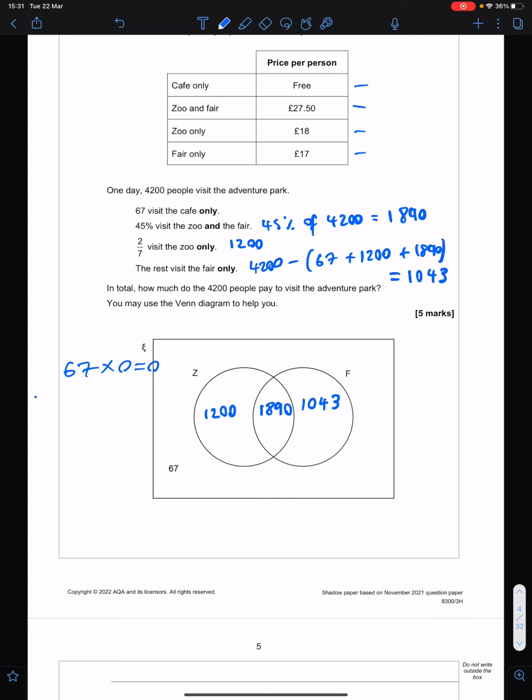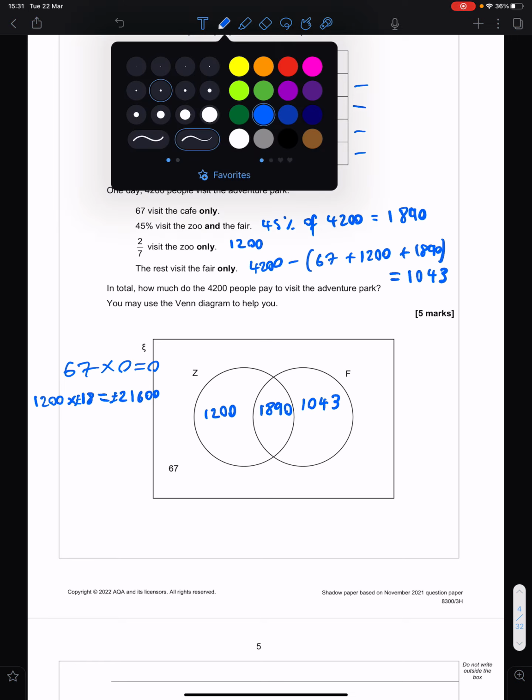So 1,200 multiplied by 18 is going to give us 21,600. And that represents the pounds.